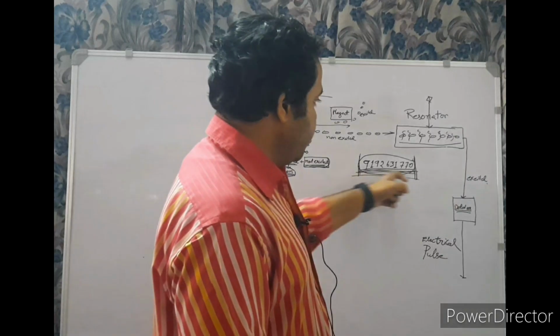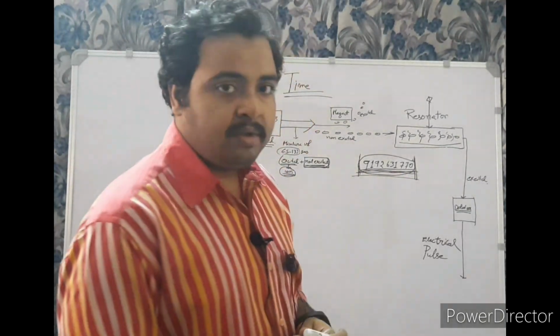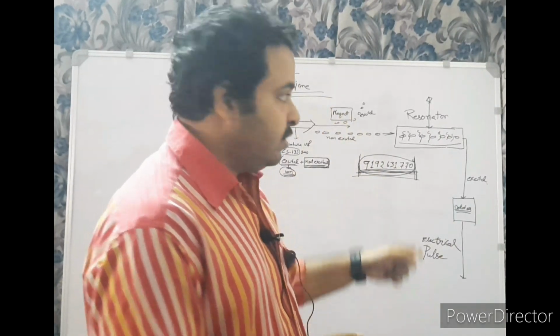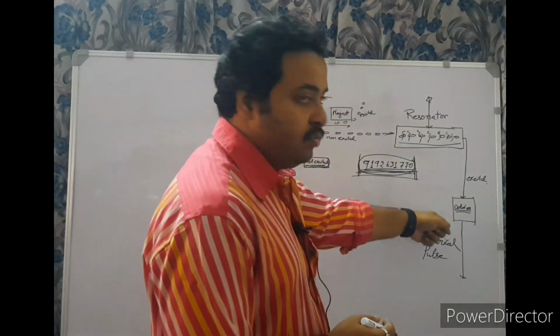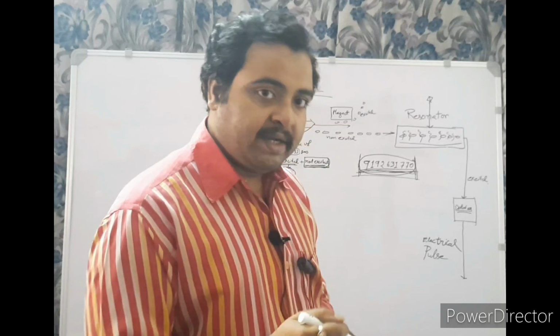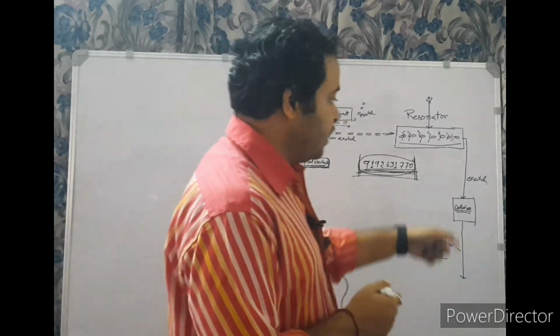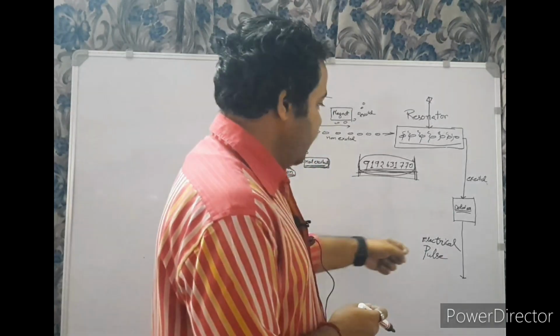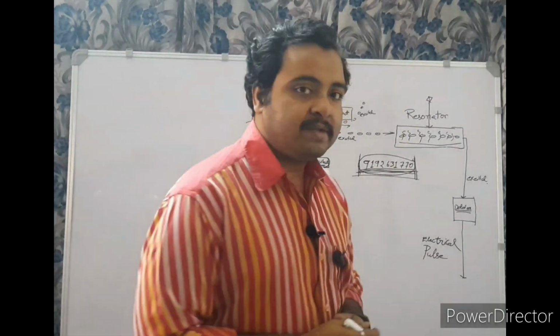Whenever this much microwave vibration is reached, at that exact time all the cesium 133 will be of higher state. At that right moment, the detector will detect the change in energy state and it will produce an electrical pulse.